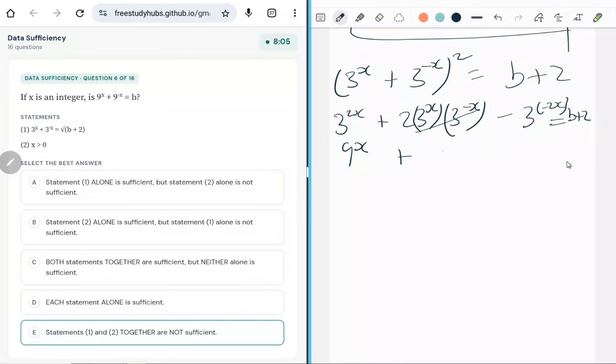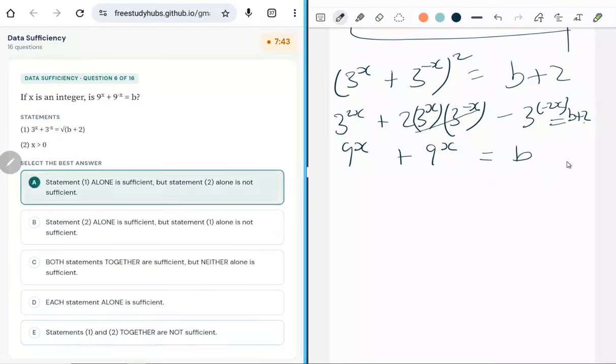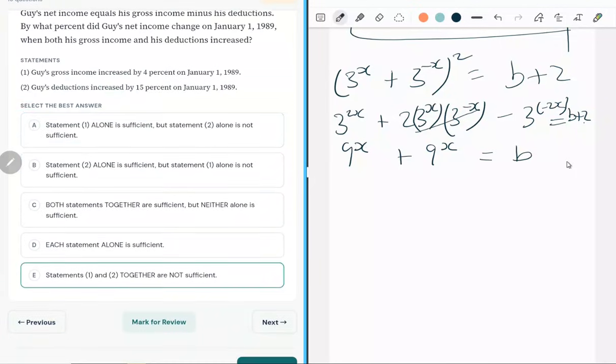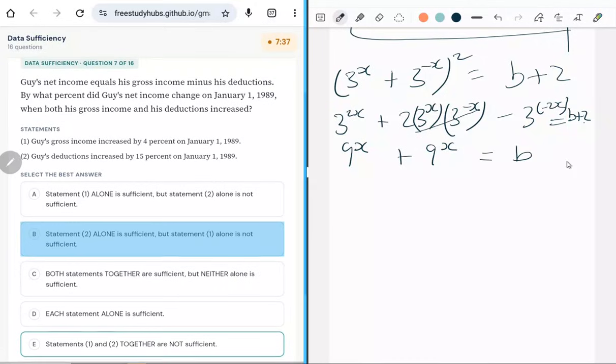You can bring these 2 to rest here, so it becomes 9 first, 3 squared is 9, then you put s, and 2 minus this 2 that is remaining here is gone, so what is remaining is b. So statement 1 is sufficient. Let's go. Okay, your turn. Another way I would have even done it if I was confused.